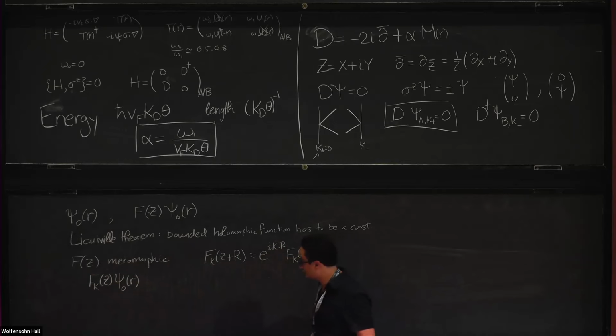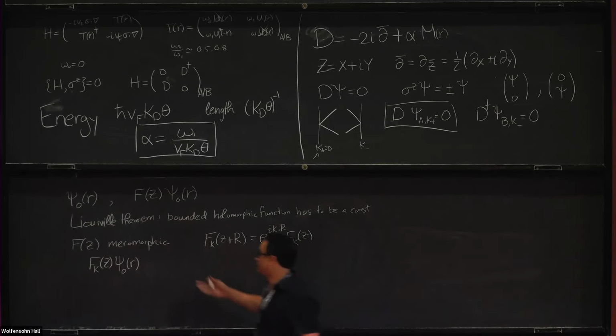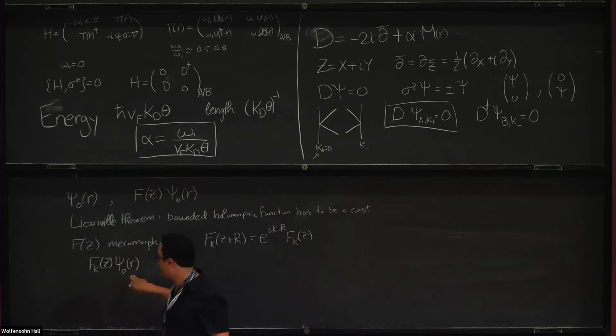Of course, the problem is a meromorphic function has poles, which means that generally this object is not normalizable. So it's not a valid state, unless the wave function itself has a zero that I can cancel against this pole.